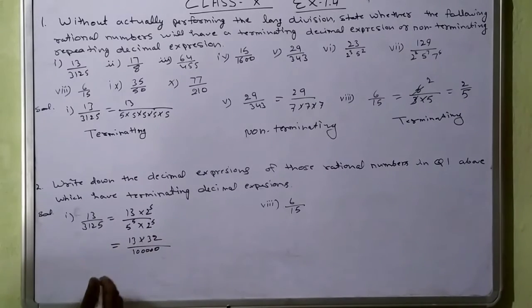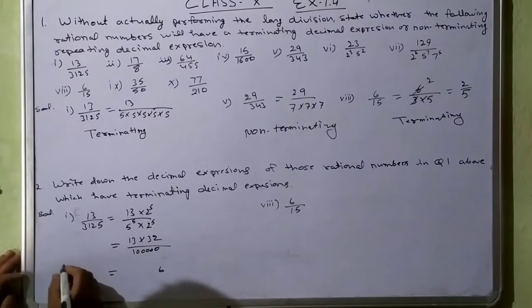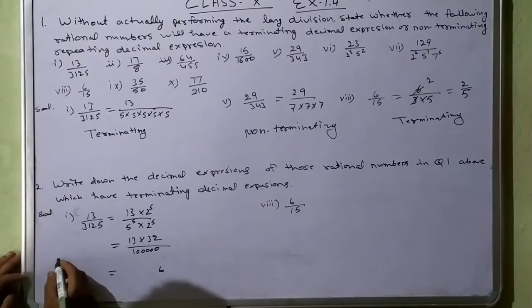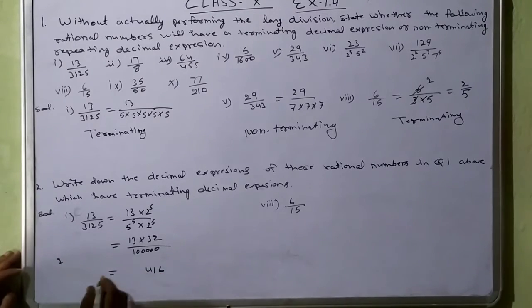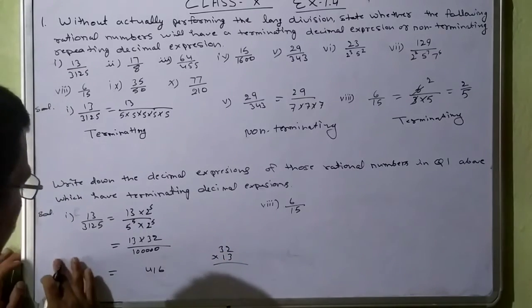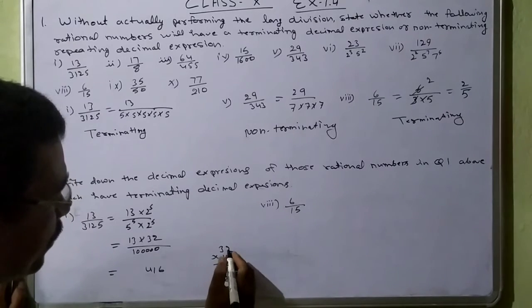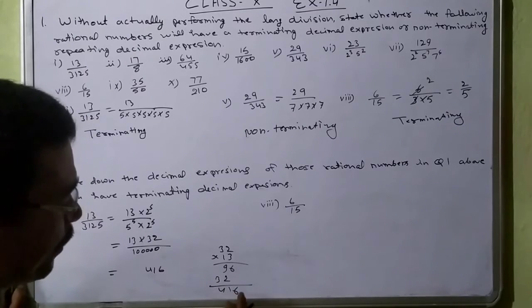And then multiply these two. 13 2 ja 26, 13 3 ja 39, 40, 41, or you can check it like this: 3 2 ja 6, 3 3 ja 9, 1 2 ja 1, 3 ja 6, 416. Write it.